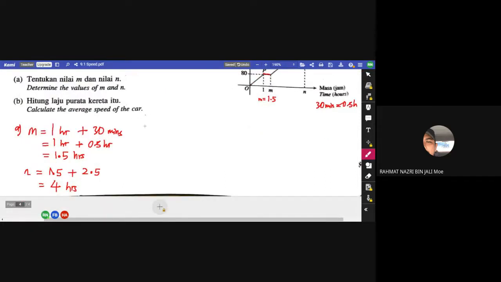Question B, average speed. Average speed is equal to total distance travelled divided by total time taken.